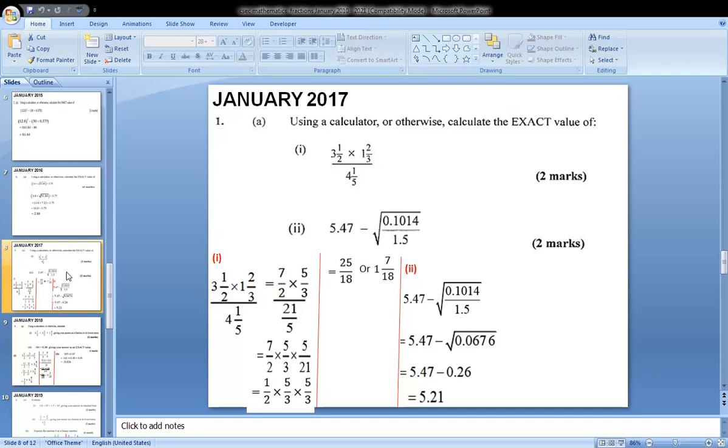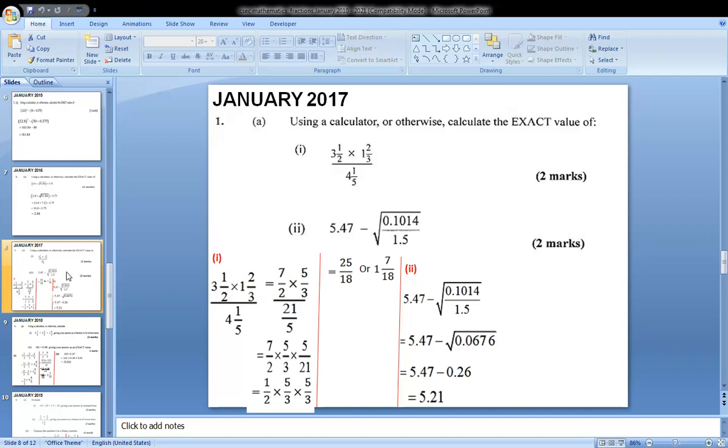So let's work out how we could go about this two ways. We could first, it's not shown on the screen, but we could work out 7/2 times 5/3. We'd get 35/6. So we've gotten 35/6, and we simply divide that by 21/5.